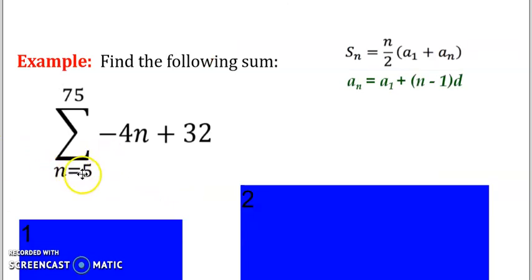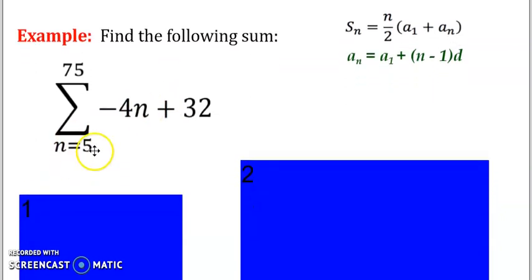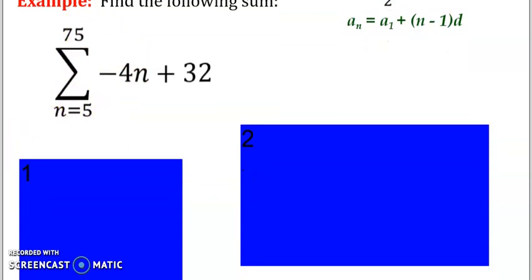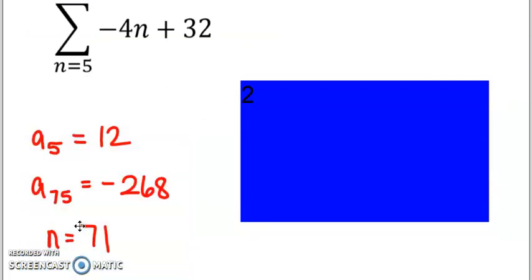So in this case, when I plug in 5 for n, I'm just going to pretend that that is A1, right? So now if I want to figure out the number of terms, I'd have to do top minus bottom plus 1. So 75 minus 5, and then add 1 because I'm including that starting term. I would get 71 total terms.